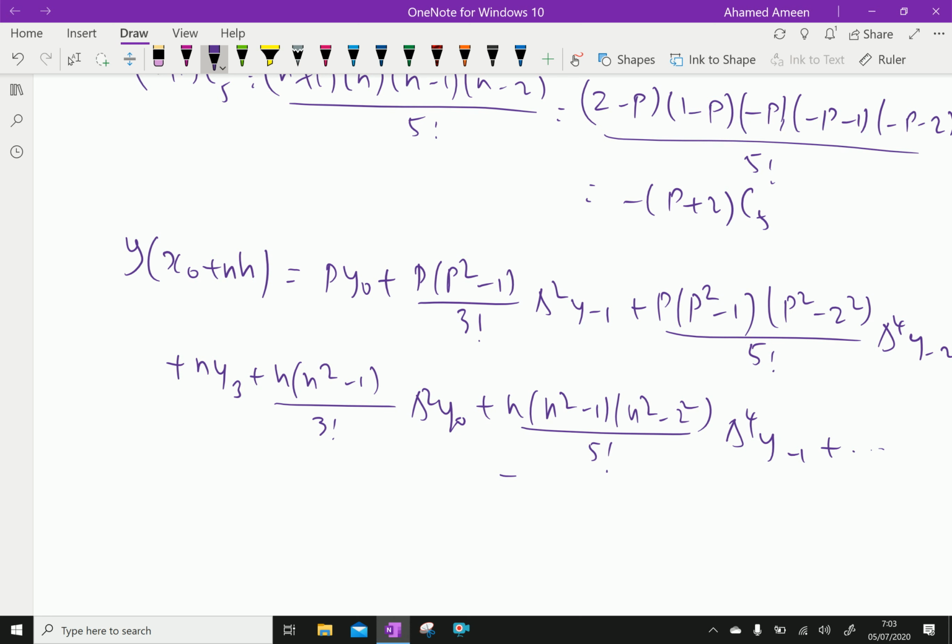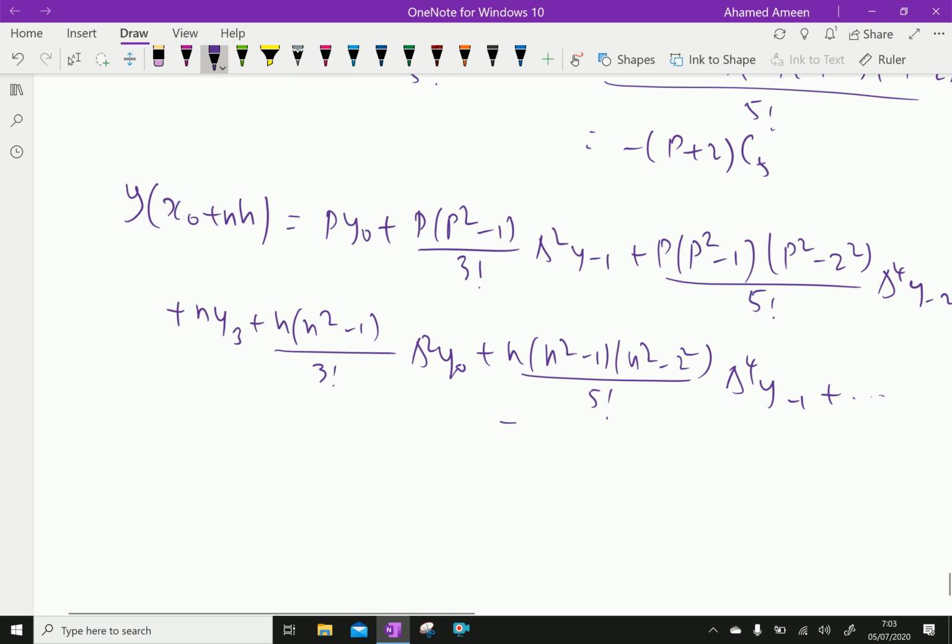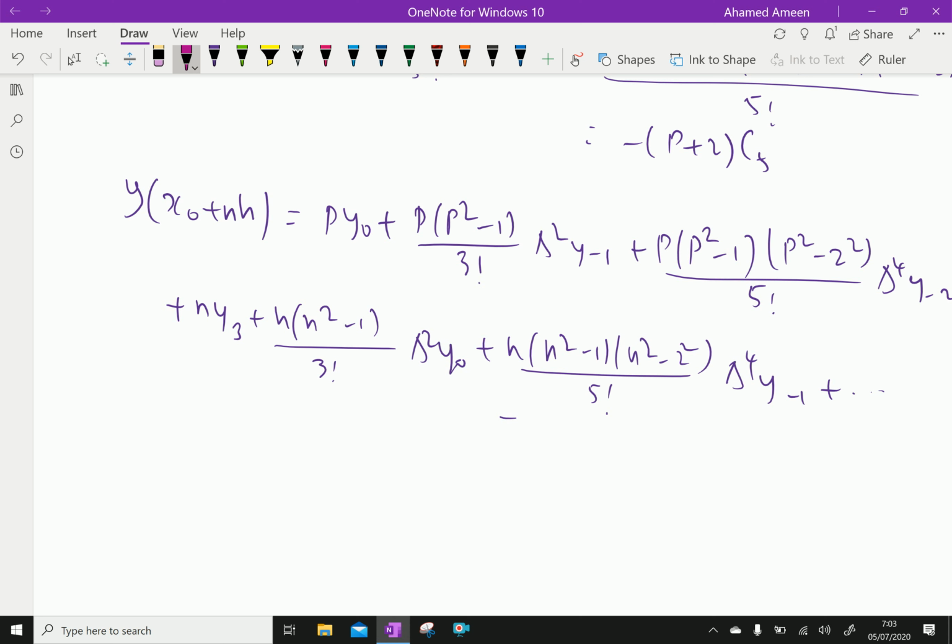This is called Laplace-Everette's formula.